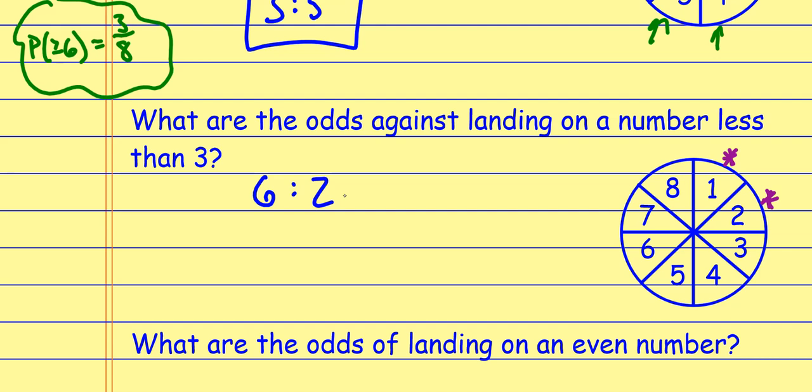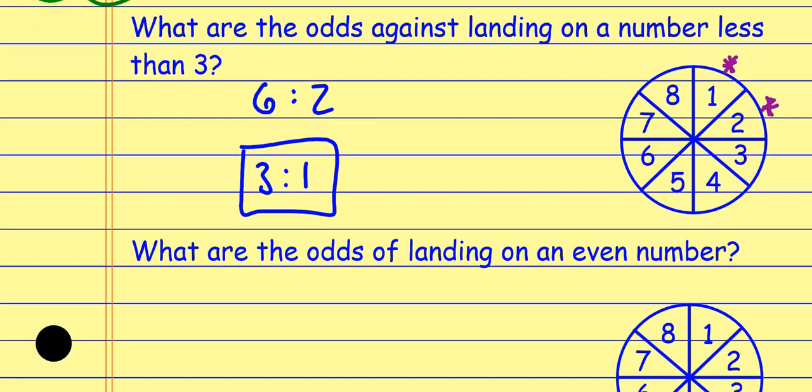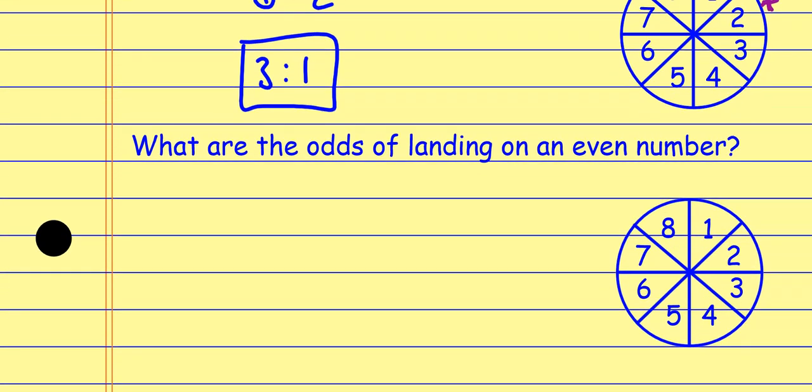But now because I could express this as a fraction, I have to reduce it just like I would a fraction. Each of these are divisible by 2, so I rewrite it as 3 to 1. Okay? Again, a very slight difference between odds and probability. All right? This one, what are the odds of landing on an even number? So I need to count up all the even numbers.